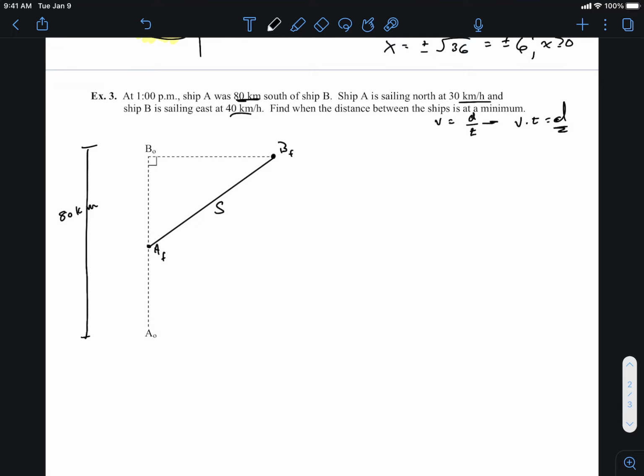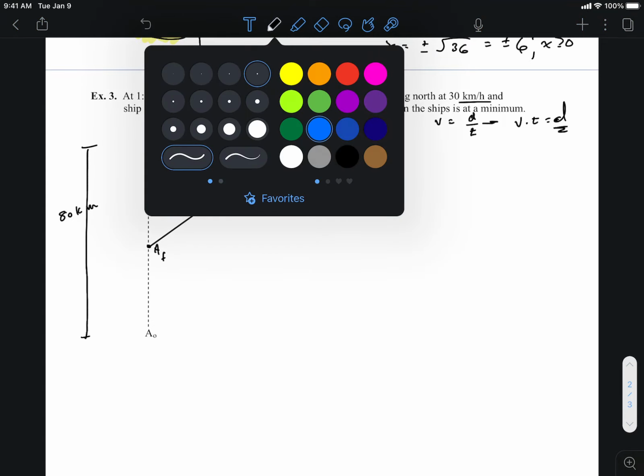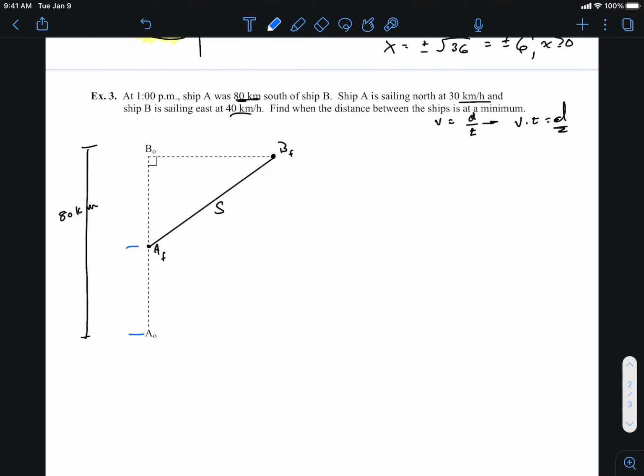So we know that after some amount of time t, from here to here, this is how we're setting up this question, ship A would have traveled 30t kilometers. Why? Well, this is the speed they were traveling multiplied by how long they moved at that speed. That told me the distance in kilometers. That's where that comes from.